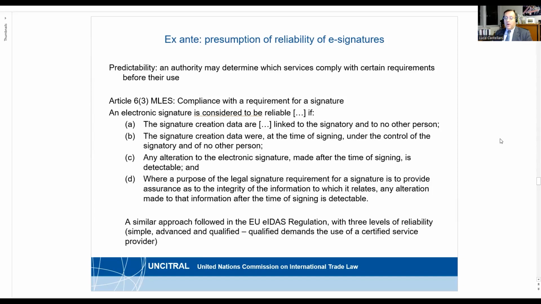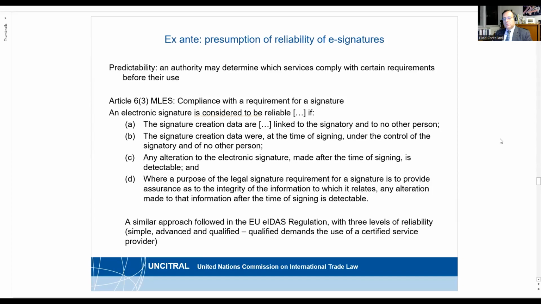And it is also possible that an entity, an authority, will determine already which services comply with these requirements. And so by using these designated services, it will be possible actually to have confidence on the legal effect because of the legal presumptions, on the fact that this is a reliable method, and it will be upheld under the law.